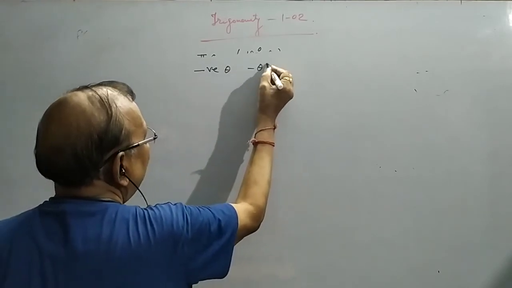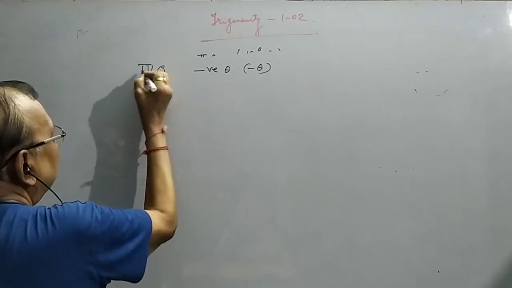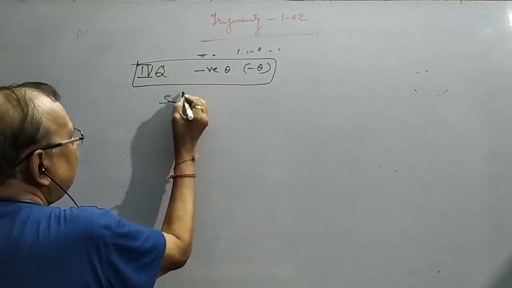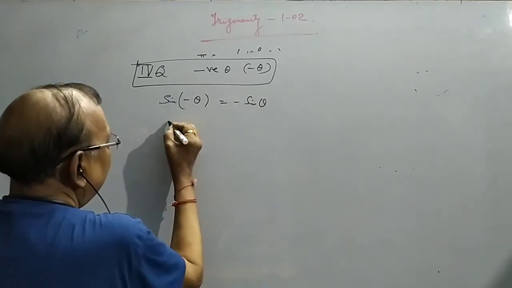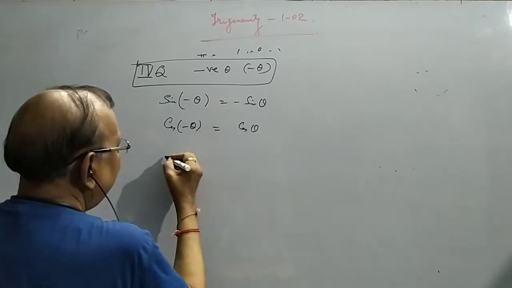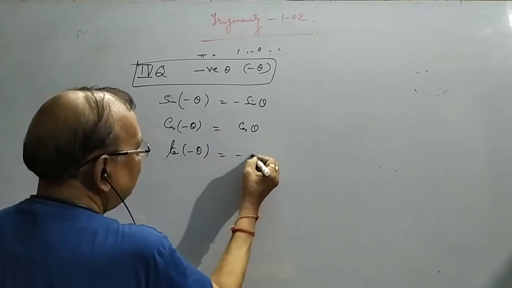Now, for negative angles, that is minus theta, fourth quadrant will be applicable. That is, in fourth quadrant, sin minus theta will be minus sin theta. Cos minus theta will be cos theta. And tan minus theta will be minus tan theta.